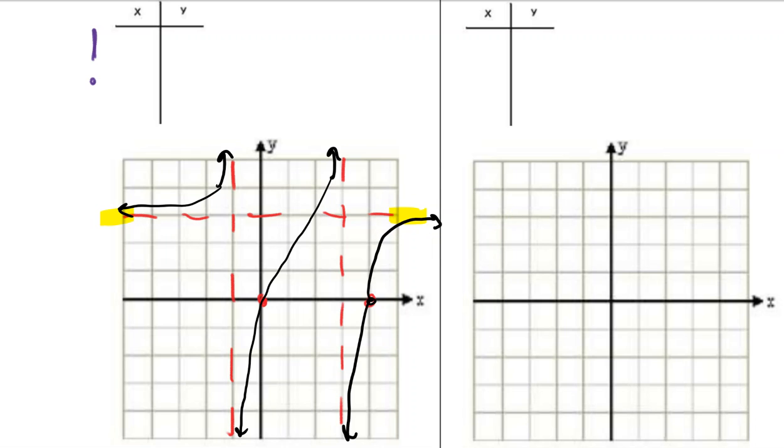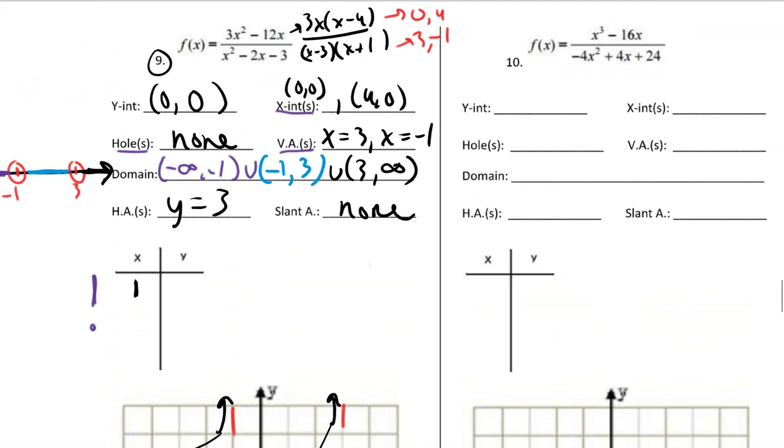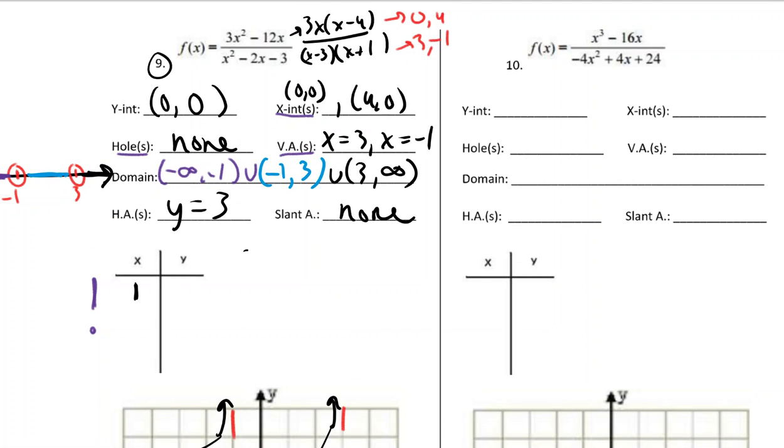But again, if you feel kind of shaky in the middle here, you're not real confident about this, then what you should do is say, okay, let me get some more points. Let me plug in x equals 1, and then hopefully it's right around here. Because if it's not around here, then I did something wrong. So plug 1 into the function.